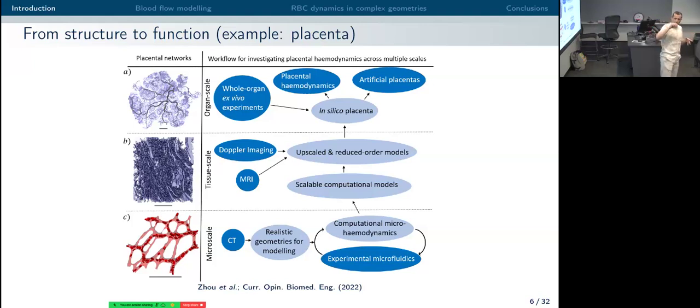And this particular project, and I showed you this one image of flow in the placenta, was the first step that we took to get a bit more understanding of what's happening there, but it's not the end. So this is more like a vision. It's partially realized, but with some gaps. You cannot just start here and say, oh yeah, we go up and have an in silico placenta, and that's fine. It requires more work.